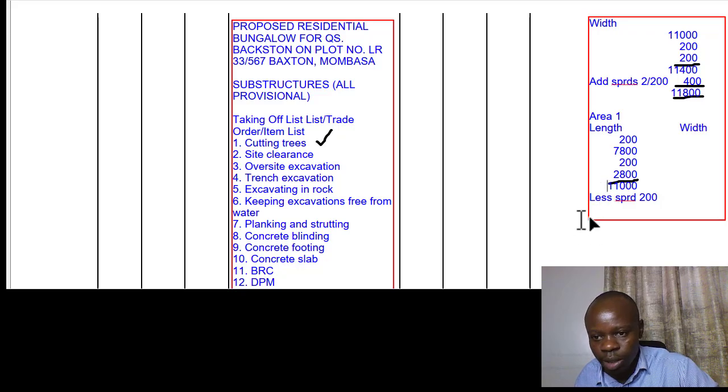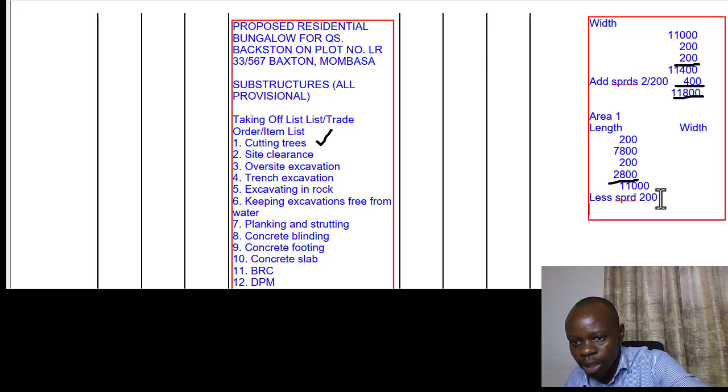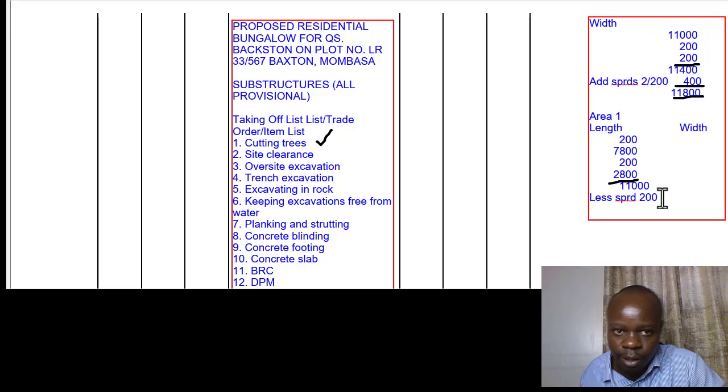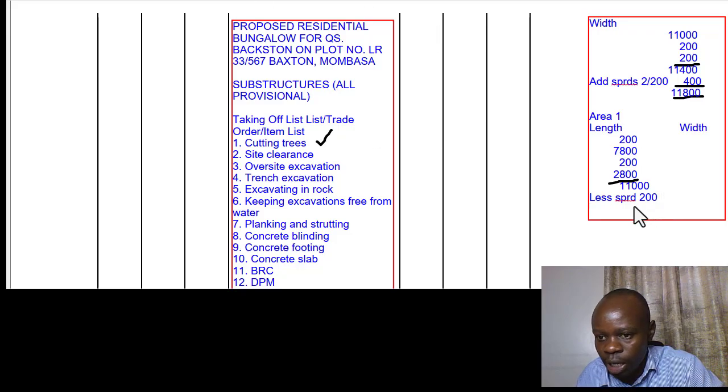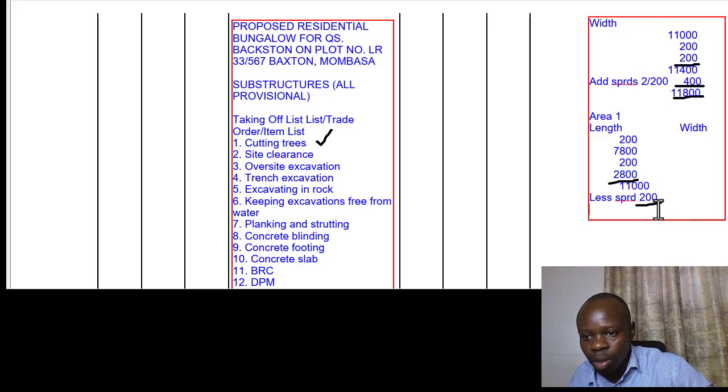We see what we come with. It's 10,800. Of course, remember to underline this at all times. When you underline that, then you see you have 10,800.